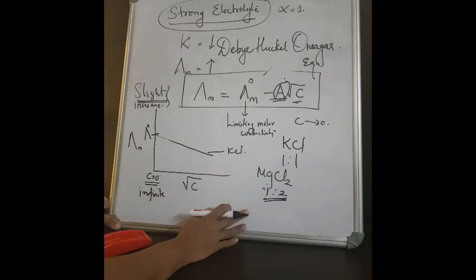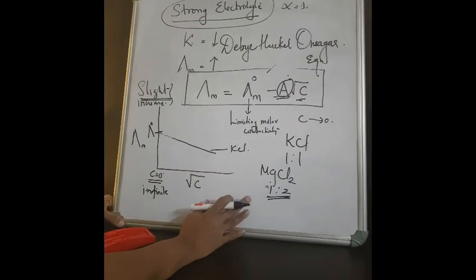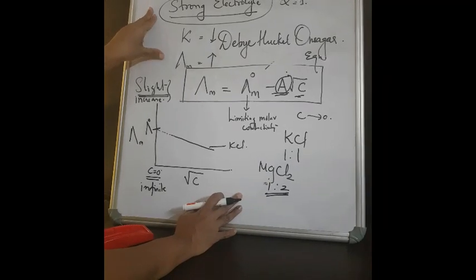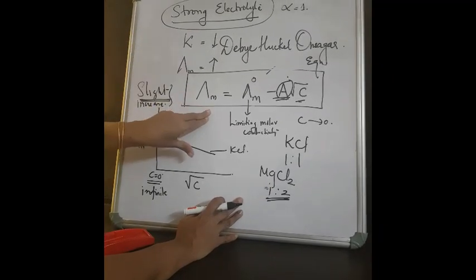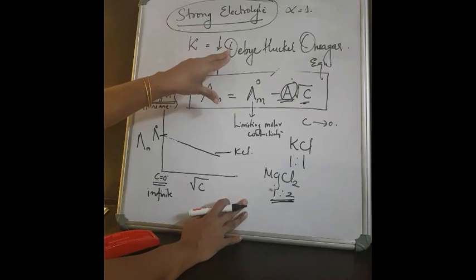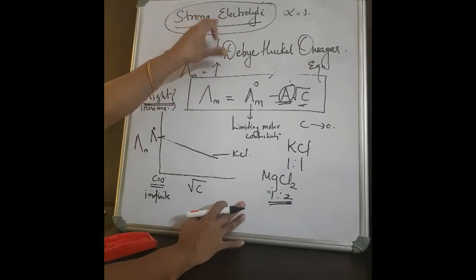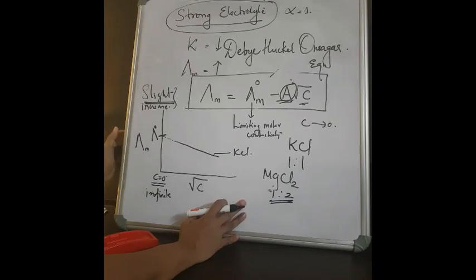So this is regarding the strong electrolyte. The Debye-Huckel-Onsager equation is only valid for strong electrolytes. That is very, very important.